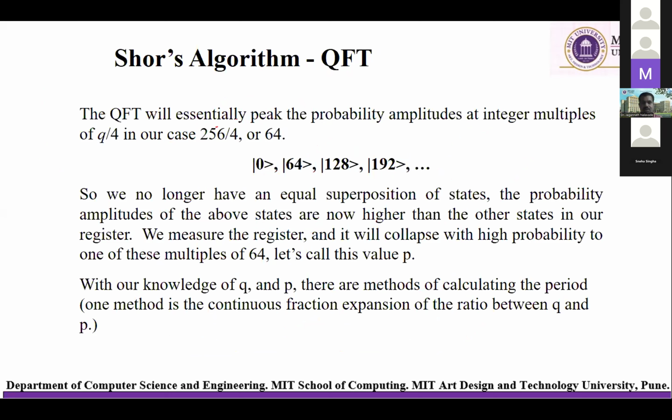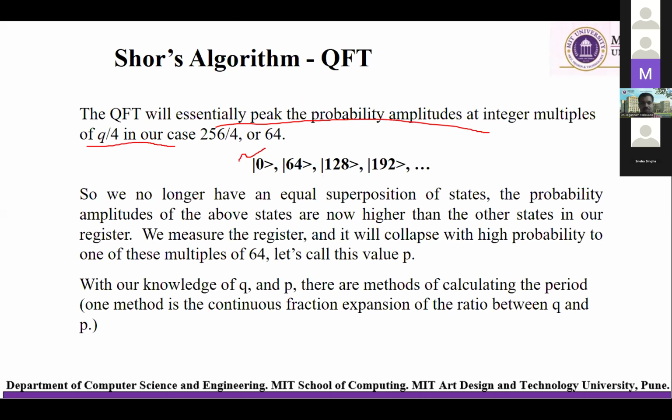So the QFT will essentially pick the probability amplitudes at the integer multiples of Q by 4. In our case, 256 by 4, or 64. So it is |0⟩, |64⟩, |128⟩, |192⟩, the multiples of 64.